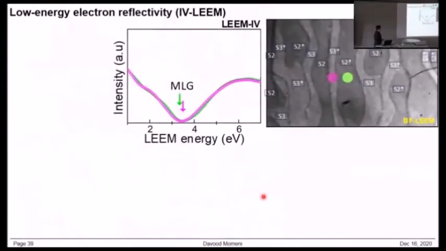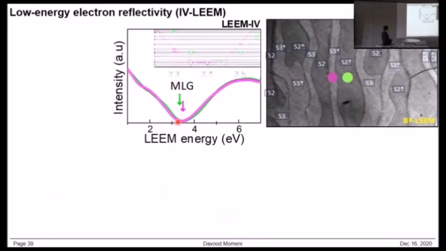As a second method, we used low energy electron reflectivity, IV-LEEM. I already showed you the spectra of these two samples. As you can see, we have one minimum, so clearly one layer. But if you have a closer look at this area, you can see that the minima occur at two different energies.